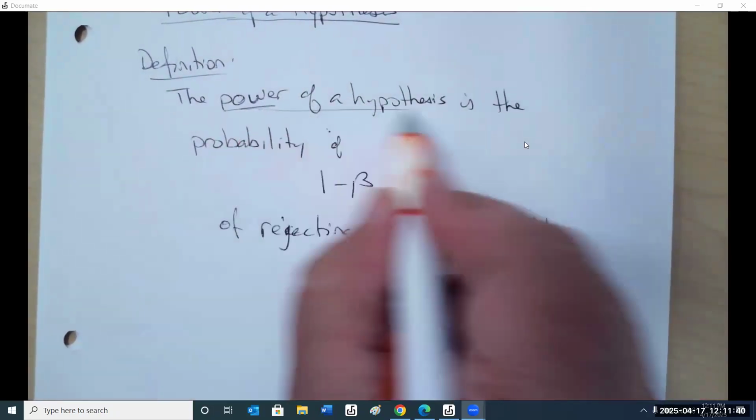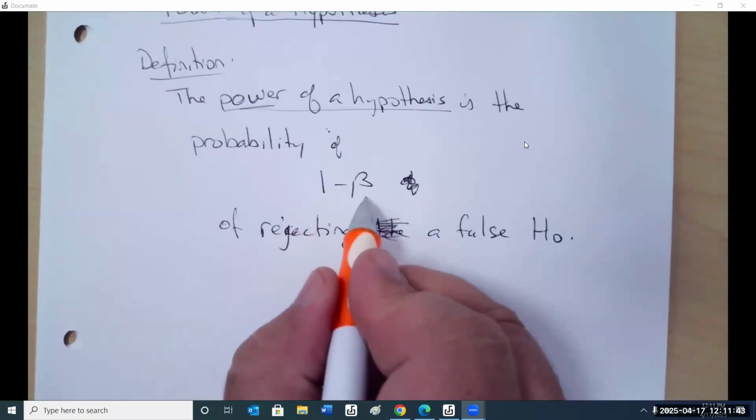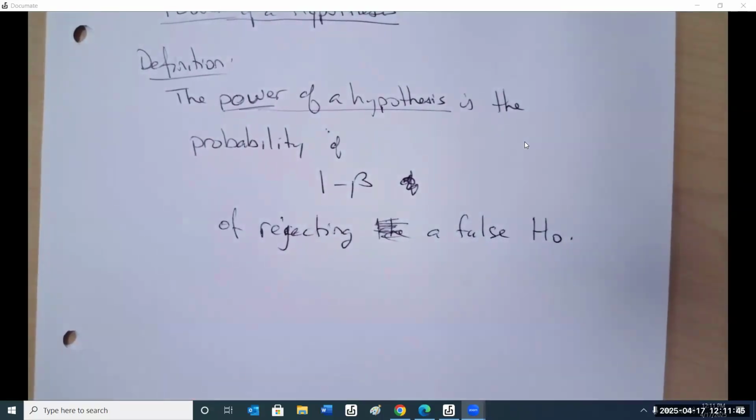The power of a hypothesis is the probability 1 minus beta of rejecting a false null hypothesis.